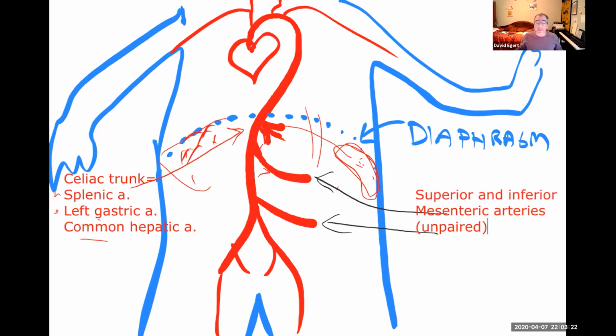Other arteries that come off of here, the ones we're going to be looking at in a lot of detail when we get to the urinary system. You've got the renal arteries coming off here. Where are the renal arteries going to go?